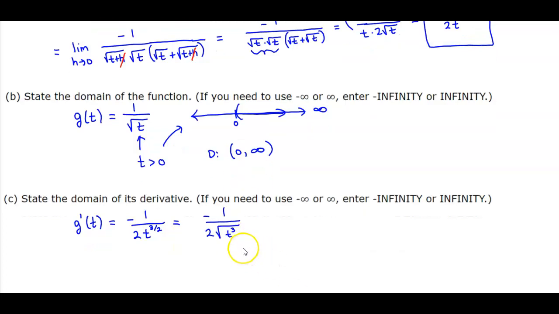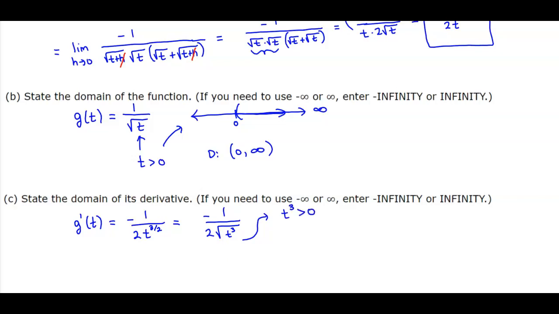So that means we need to find out when, since this is an even root, we cannot let this denominator equal 0. So that means we want to set t cubed to be greater than 0.